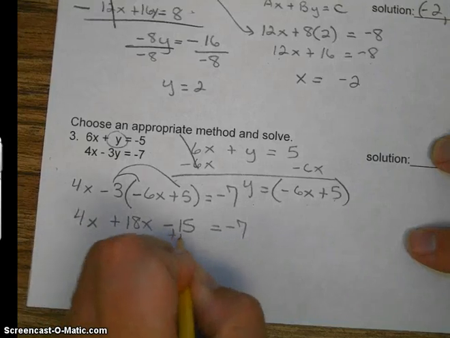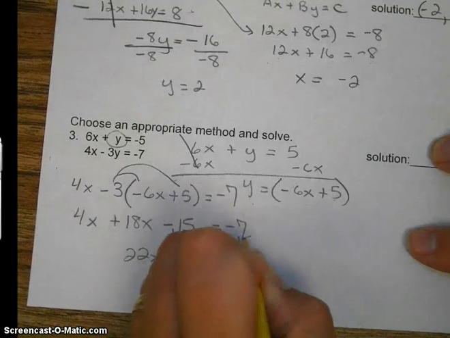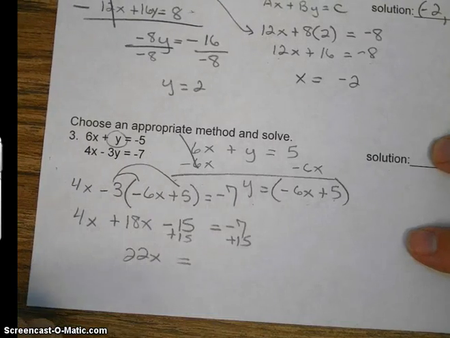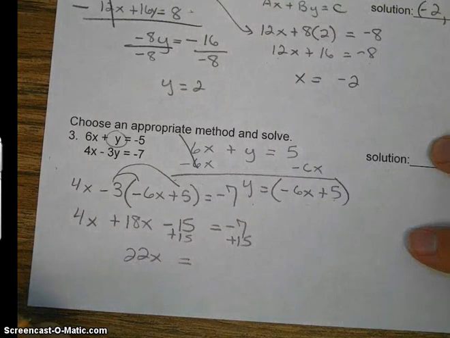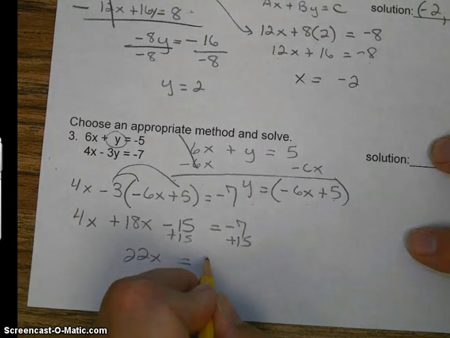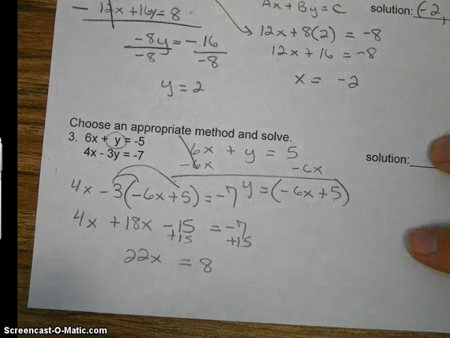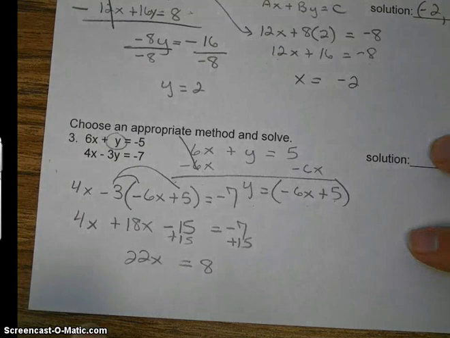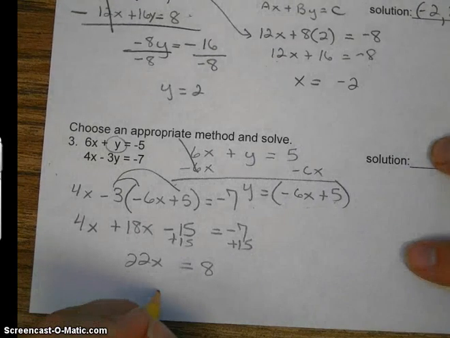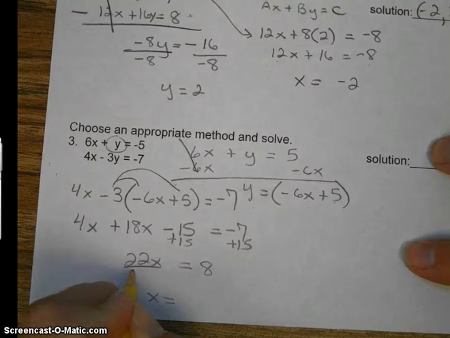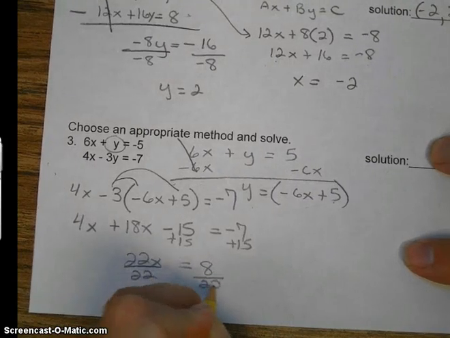Add the 15. Let's see, negative 7 plus 15 is 8. So, let's see what we got now. We're going to have x equals, and we're dividing both sides by 22.